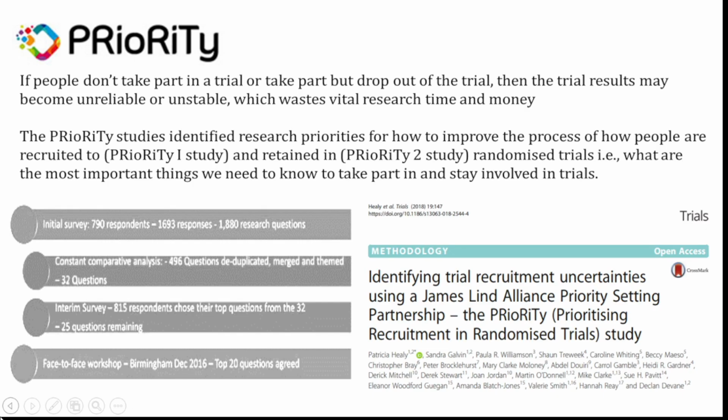The other project then is a priority project, and here there have been two priority studies carried out by the HRB-TMRN. Priority one is around improving the process of how people are recruited to trials, and then priority two around retention. These priority studies were identifying, I suppose, the top 20, to top 10 really in publication, but on the website they list the top 20 key uncertainties around recruitment and retention to randomised controlled trials, in terms of research that needs to be done.